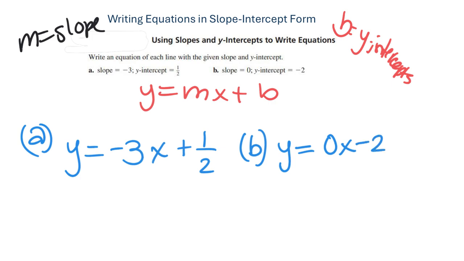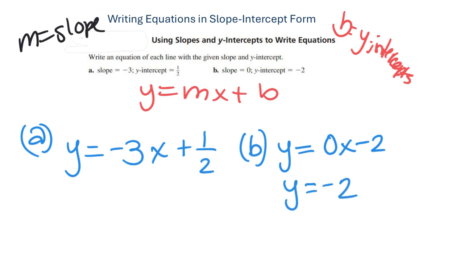Will you ever see 0x like that when you are writing or looking in the book? No, okay, you need to get rid of it. We're going to substitute 0 for M, correct? And negative 2 for B.